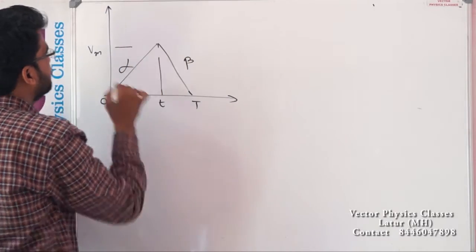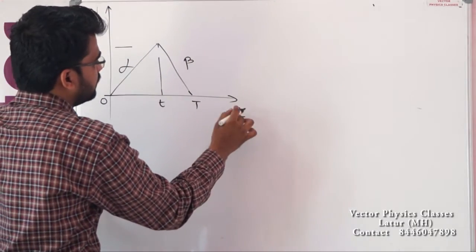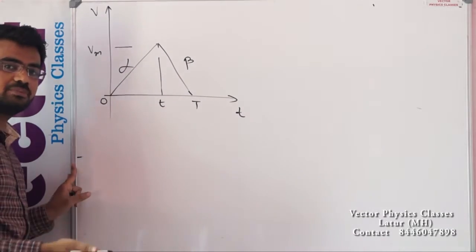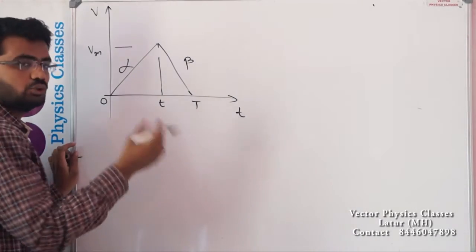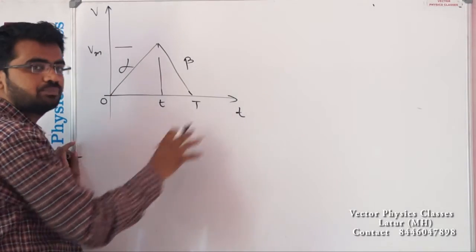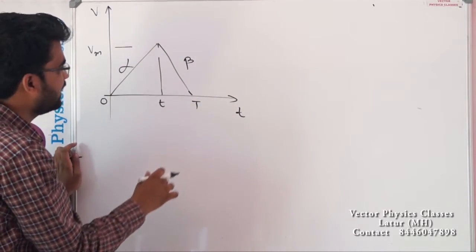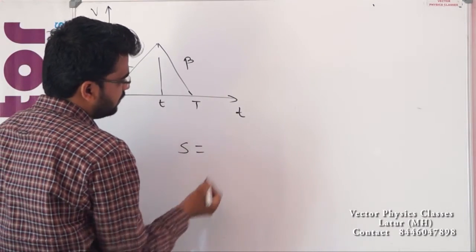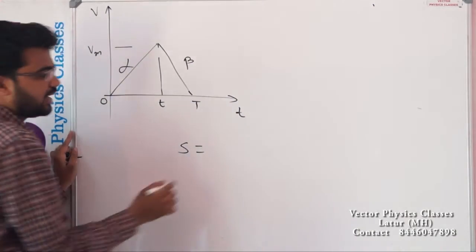So the area under the VT graph gives you change in displacement, right? And the magnitude of the displacement gives you what? The distance traveled, right?